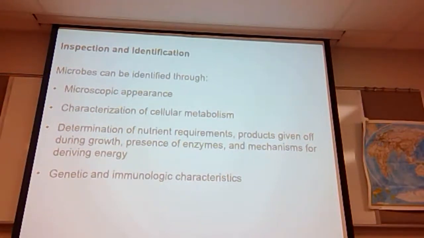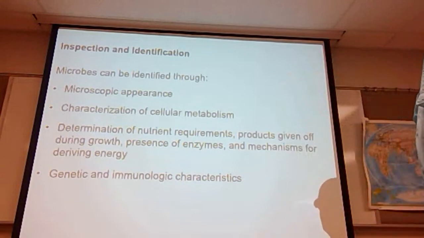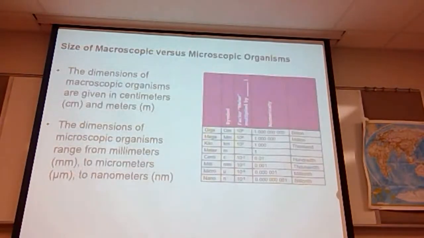Do they metabolize sucrose and glucose, but not dextrose? I don't know. Determination of the nutrient requirements. What has to be there for these organisms to grow? And finally, genetic and immunological characteristics. Right. So those are the 5 I's.